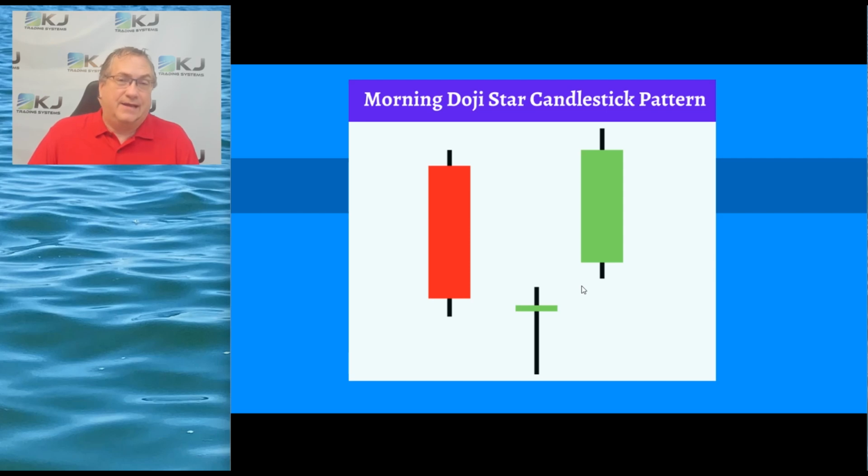The idea behind it is that this is a buying signal, because you had a downtrend one bar, and then the middle bar was kind of indecision. People didn't really know what to do. And then the third bar recovered at least some or all of that first bar and moved up. That is a long signal. And you can think about it, an evening doji star would just be the exact opposite.